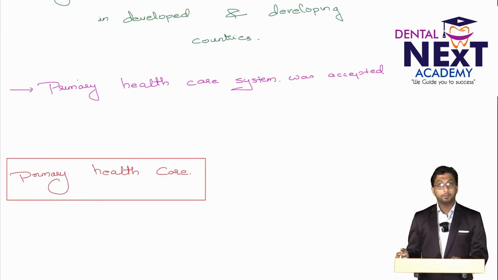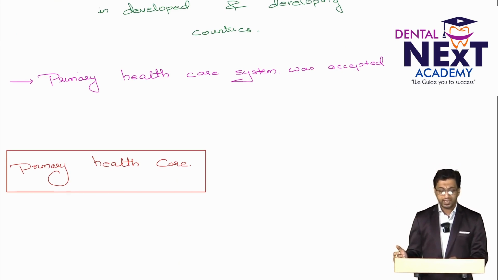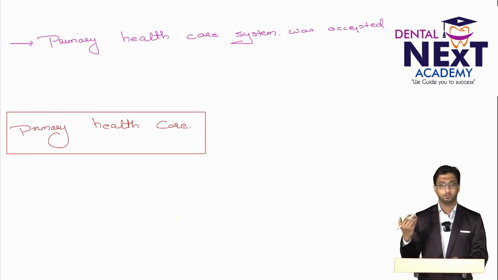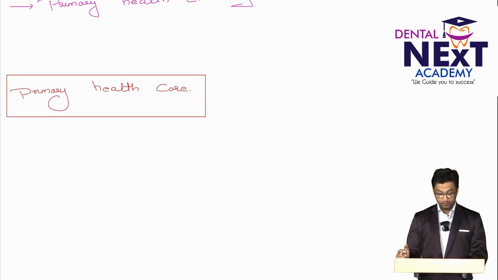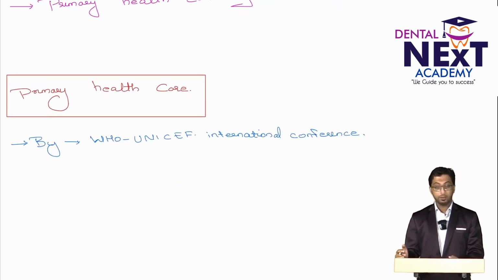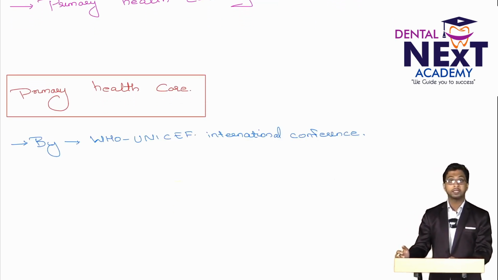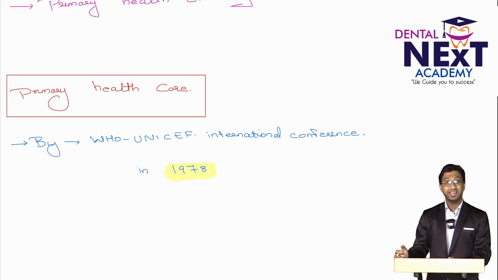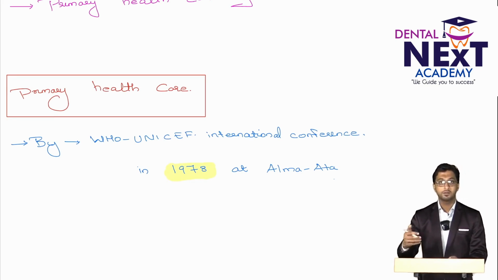So they said the primary health care system has to be considered. Where exactly, or when exactly, was it accepted? What happened was, the WHO UNICEF International Conference, which was held in 1978 at Alma Ata. This is the Alma Ata Declaration, if you have seen this.